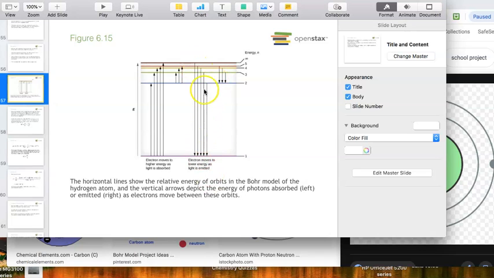It can go from 5 to 1, 4 to 1, 3 to 1, 2 to 1, or you can see relaxation within values other than 1: 5 to 2, 4 to 2, 3 to 2. When the electron loses its energy, it releases energy in the form of light, and this is referred to as light emission.